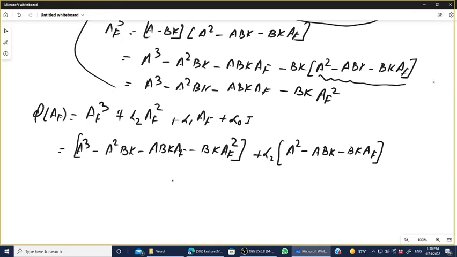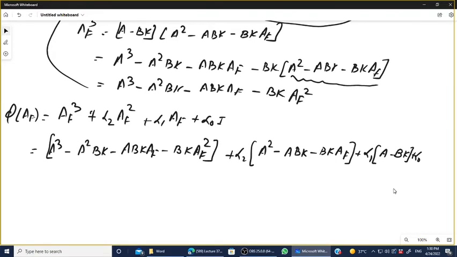Okay, and plus alpha 1 AF, and AF is nothing but A minus BK, and alpha naught I. Alpha naught I equal to 0.